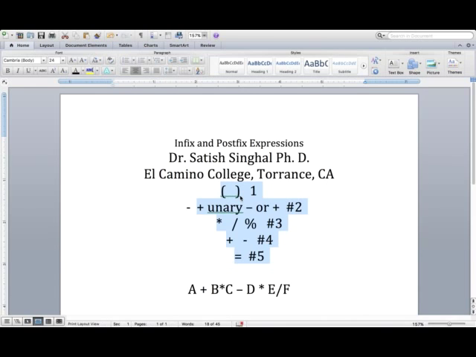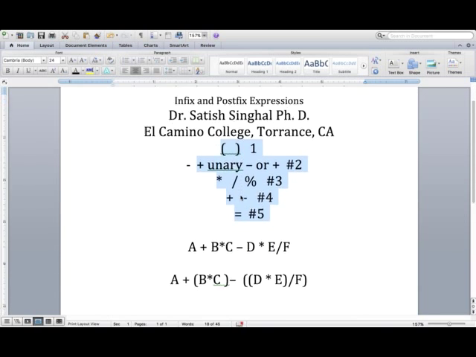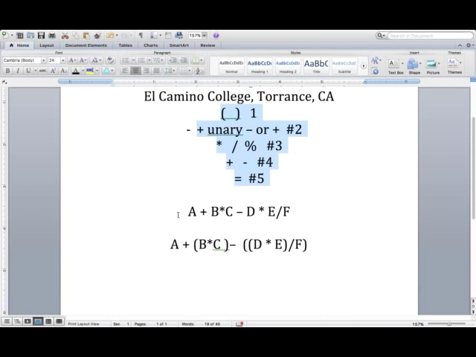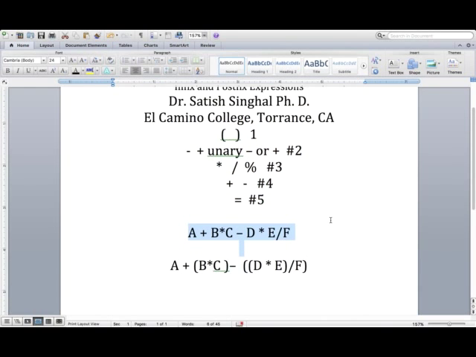The best way to show you how postfix works is to take this infix expression, convert that into postfix form, and then convert it back. So that way you'll see how it is done back and forth.